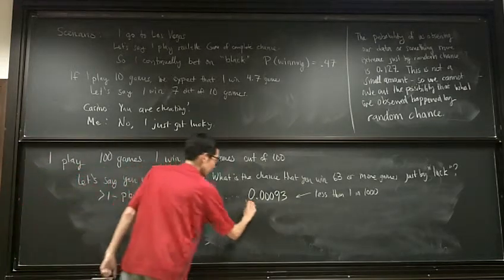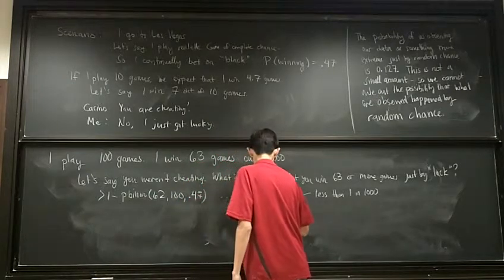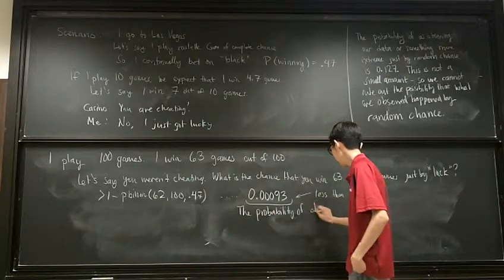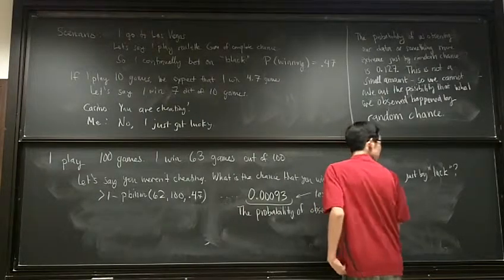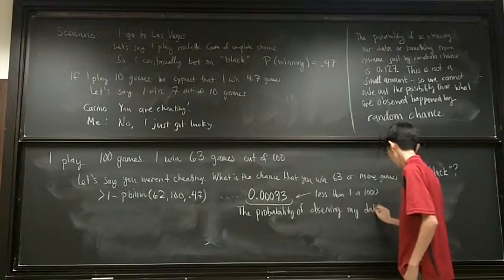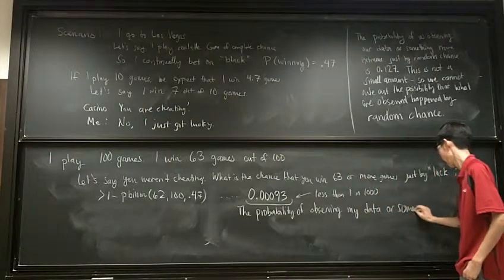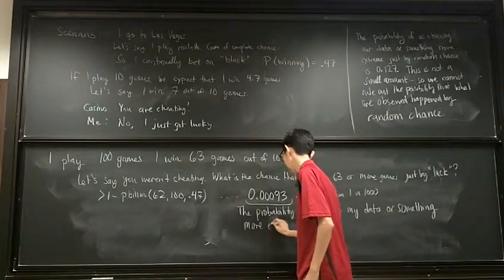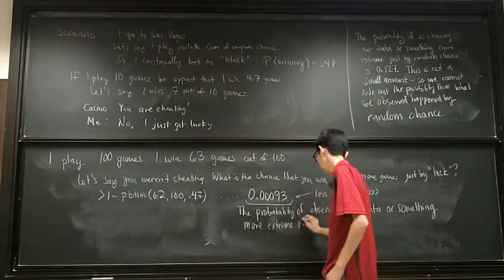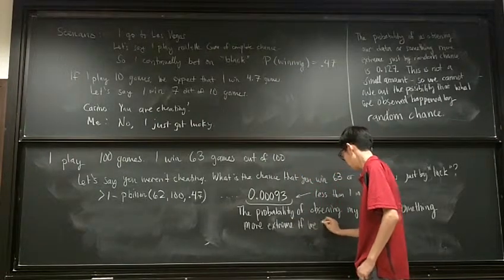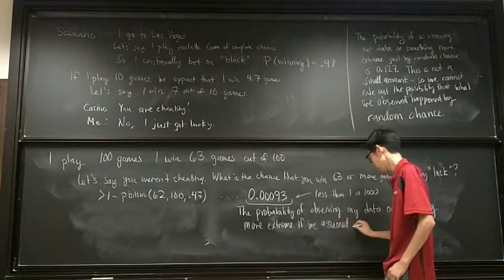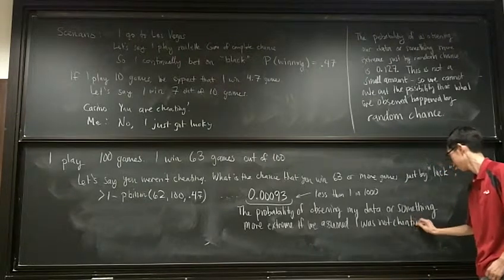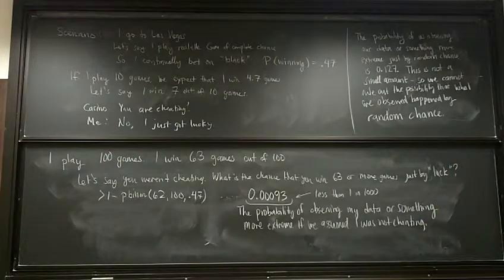So this is the probability of observing data or something more extreme, if we assumed I was not cheating. Okay. This probability is small.